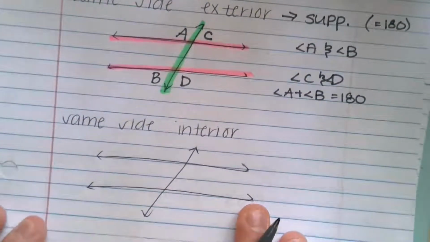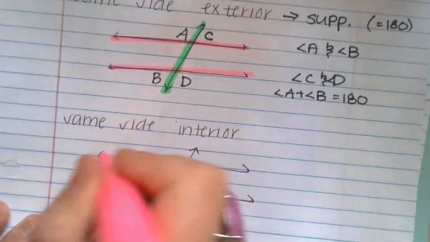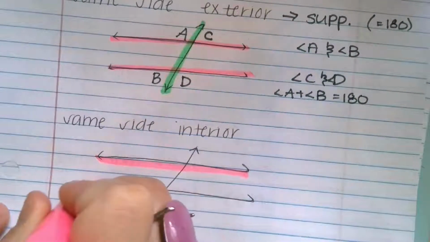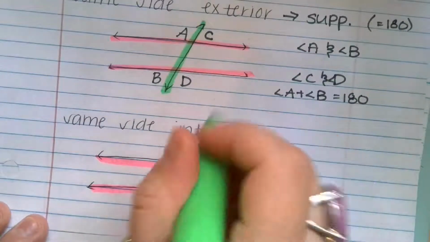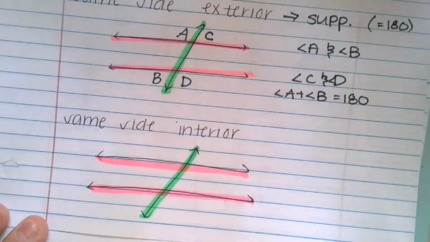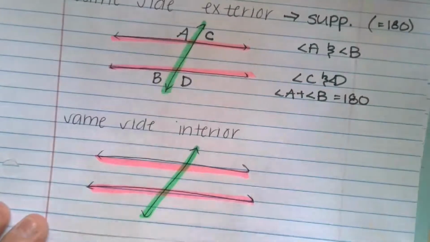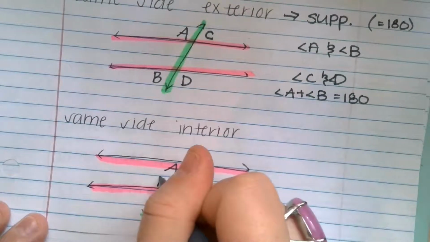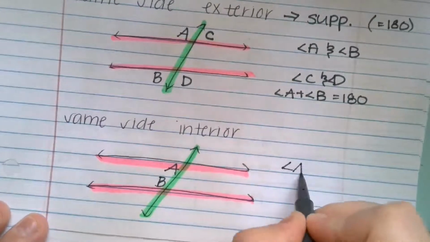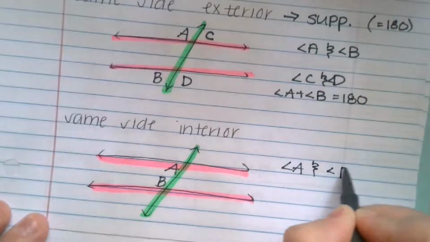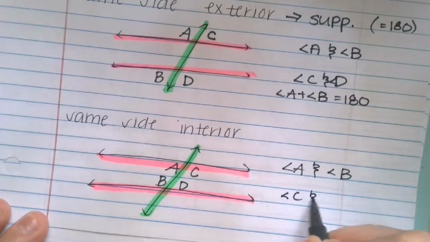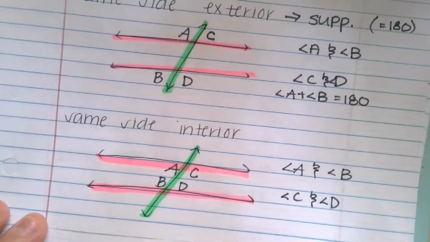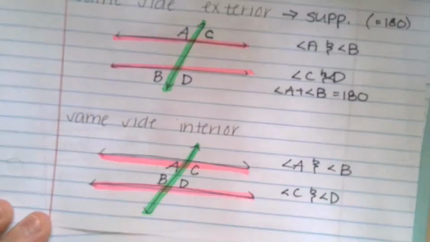So let me bring this up, get my highlighting. We want in between our parallel lines and on the same side of our transversal. So angle A and angle B is a pair, angle C and angle D would be a pair of same side interior angles.